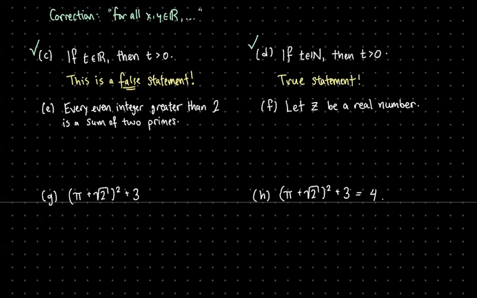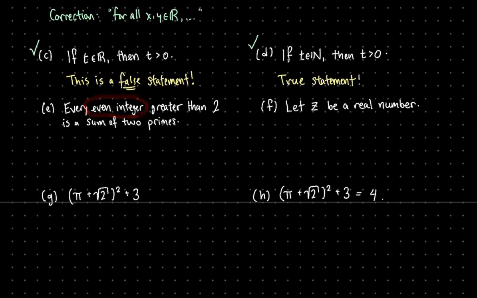Okay, wait a second. I'm going to pause for a second. Yeah, I forgot, you can add the same number twice. Yeah, 6 is 3 and 3. 8 would be 5 and 3, right? 10 would be 7 and 3, for example, right? But the statement's saying that every even integer.